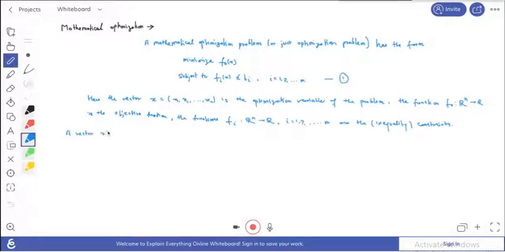That vector, which we call x star, is called the optimal solution of your problem, or in other words the solution of the problem defined by equation number 1. It is the solution when it has the smallest value, because this is a problem of minimization.